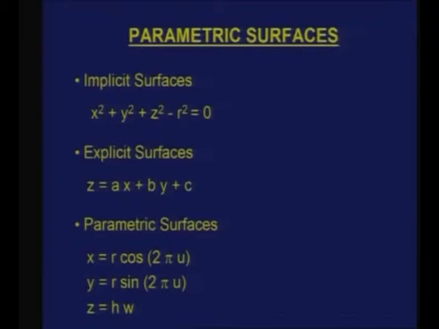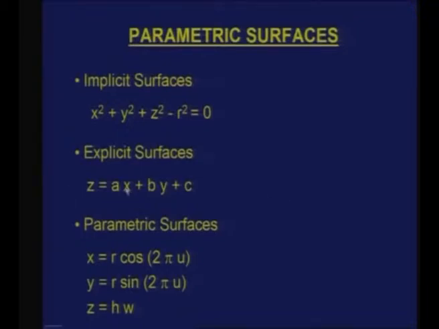So, even with surfaces you have all the 3 representations which are available, like I can define a surface as an implicit surface. So, here is a simple implicit form of a surface. You know what this surface represents. So, it is a sphere with center at origin and radius as r units.